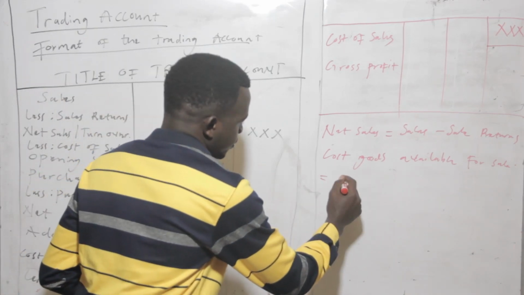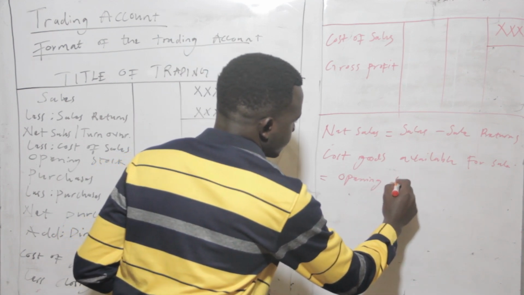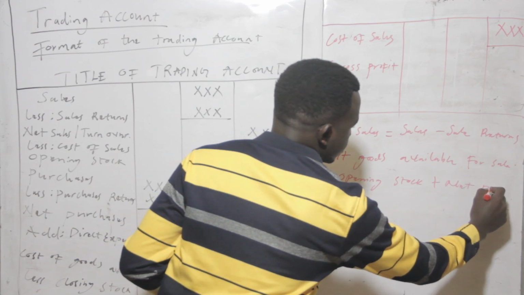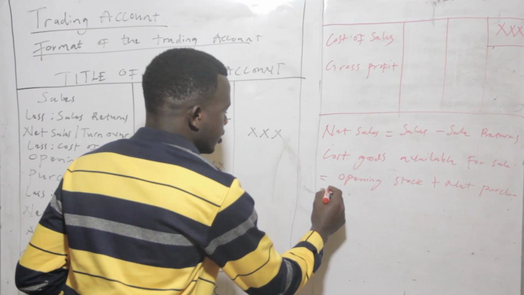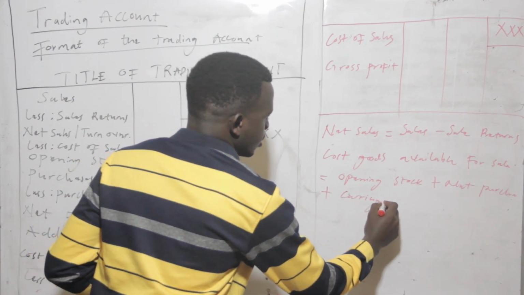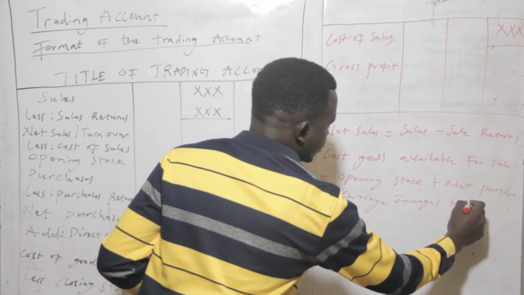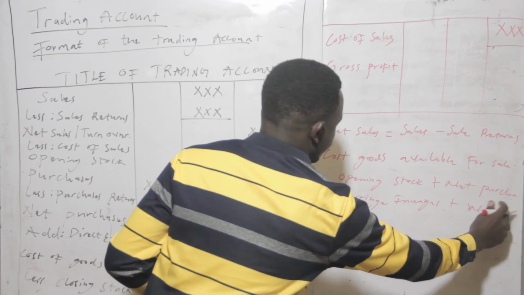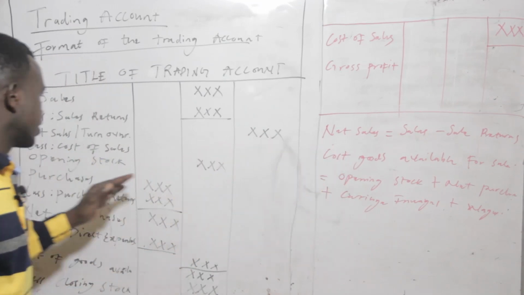We said we can say opening stock plus net purchases, then plus carriage inwards plus wages. So we can see this part of the formula in our table.